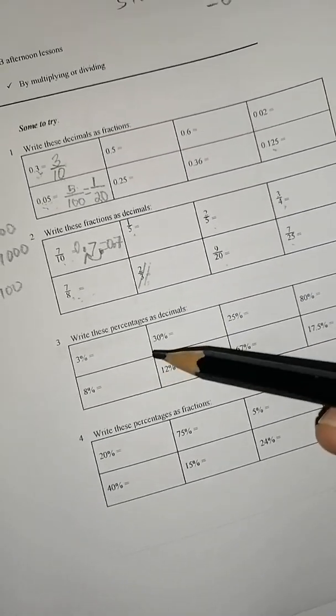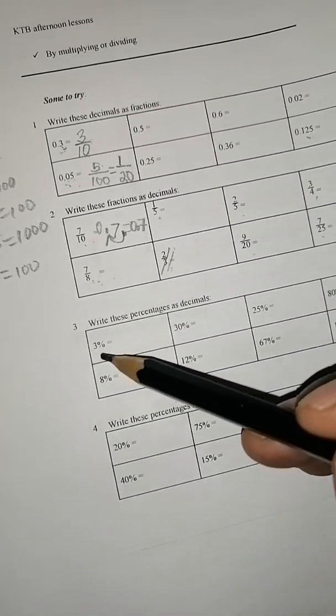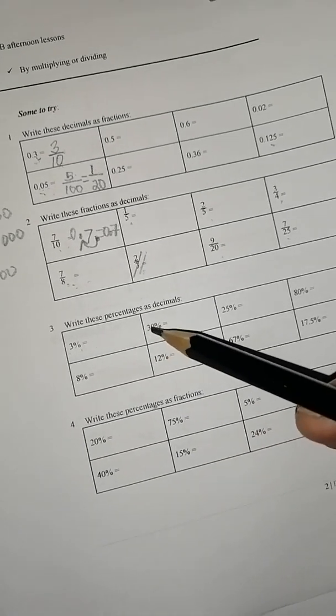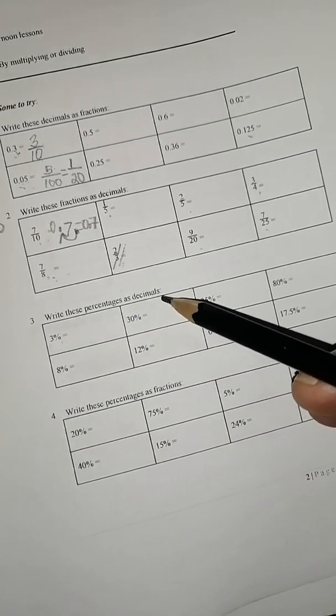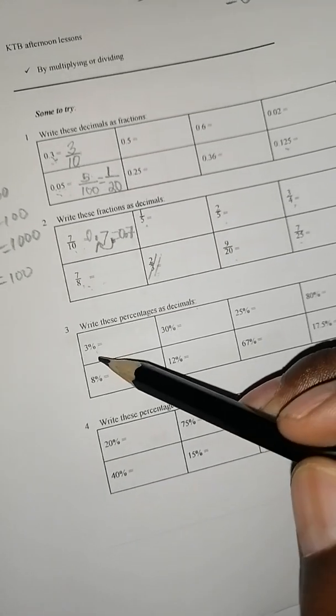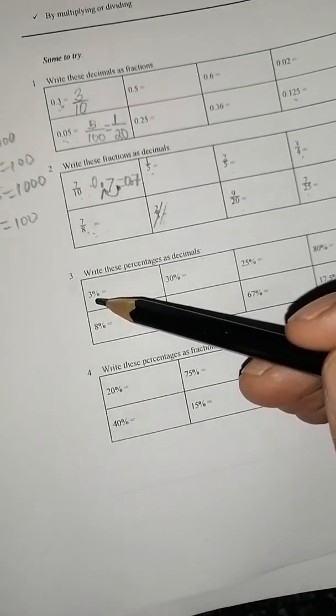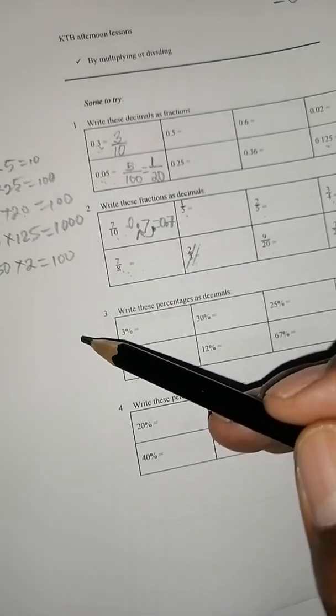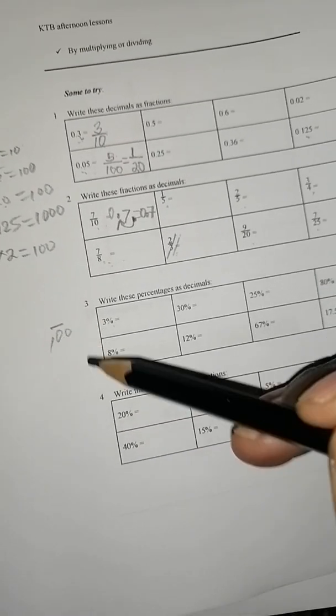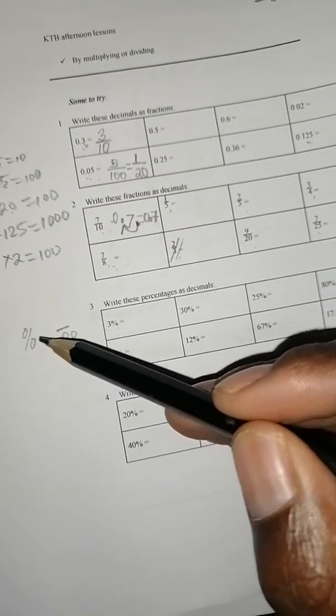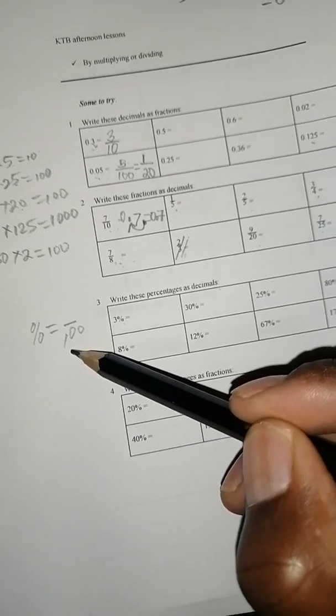And if you look at question 3, there is 30%. We are changing these percentages to decimals, and percentages are very easy. Percentages mean out of 100.